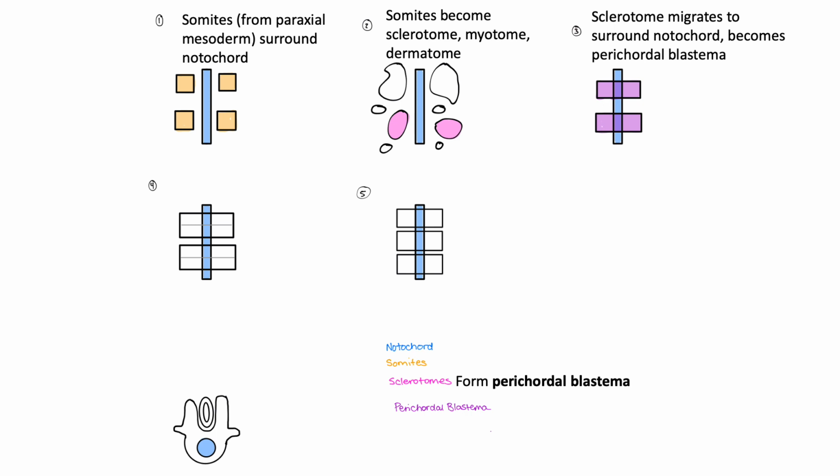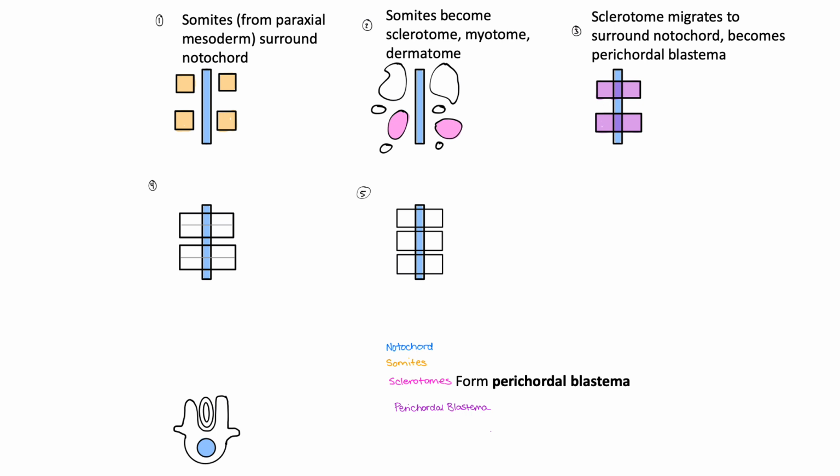So the important part here is our sclerotome, because that is going to be what gives rise to the vertebral column. So I would know that the sclerotome gives rise to the vertebral column, and those are going to be in pink. Myotome and dermatome, very important, but not for this purpose, so I'm going to leave them uncolored, and we'll get rid of them shortly here.